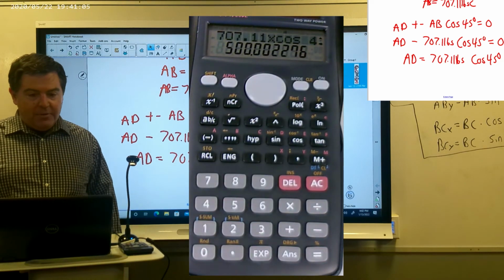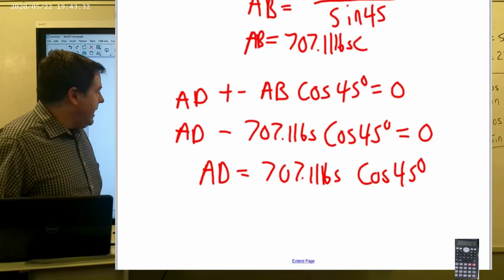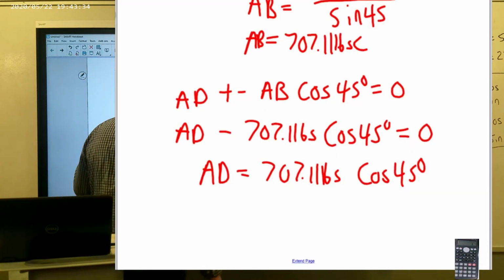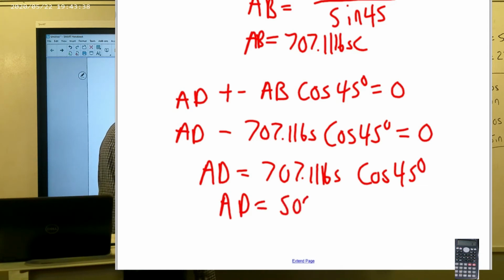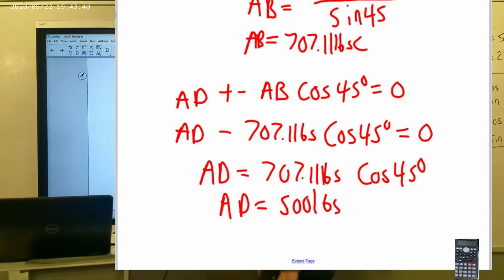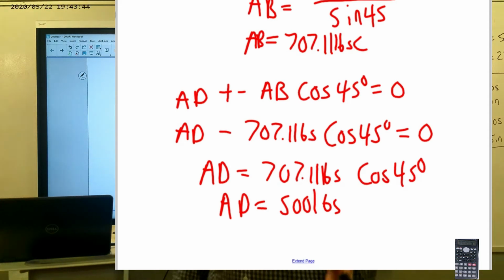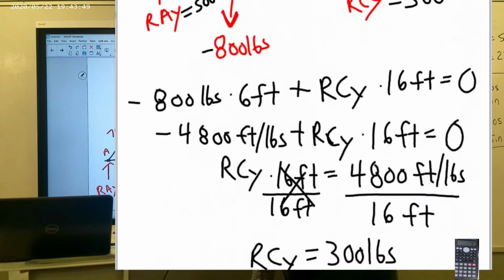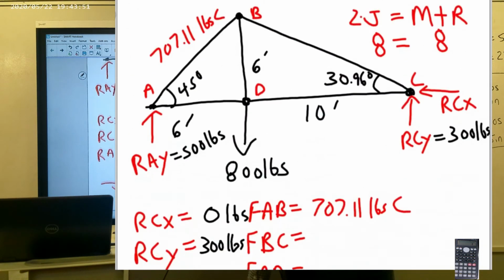So we have 500. All right, so I end up with AD equals 500 pounds. Notice that that is a positive number, therefore my assumption of tension was correct, so I don't have to update any arrows, but I am going to go up and update my original problem.